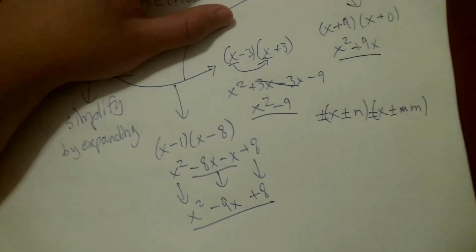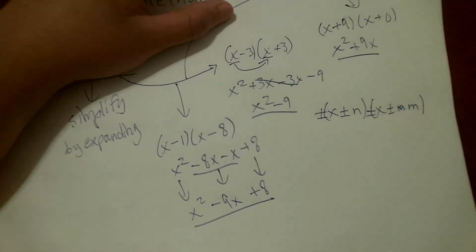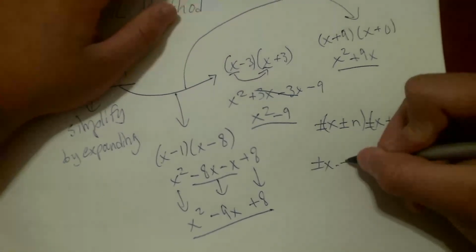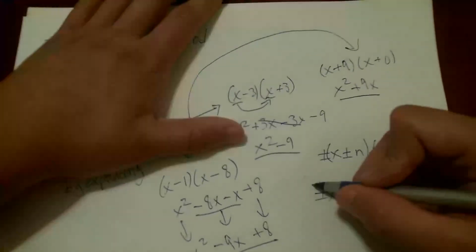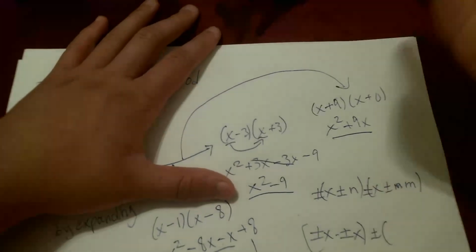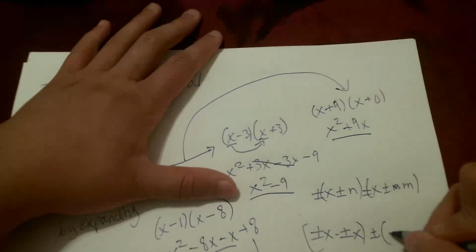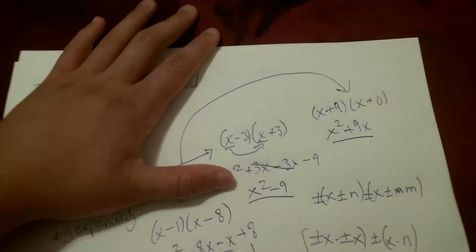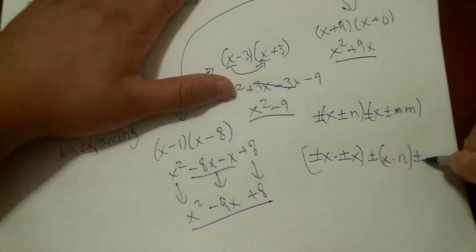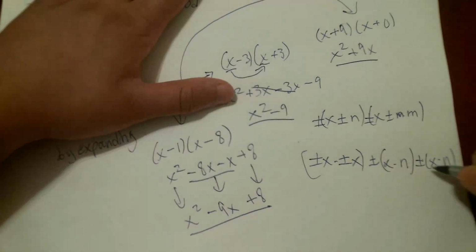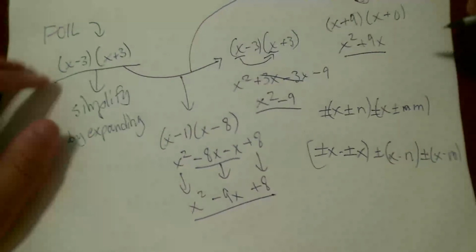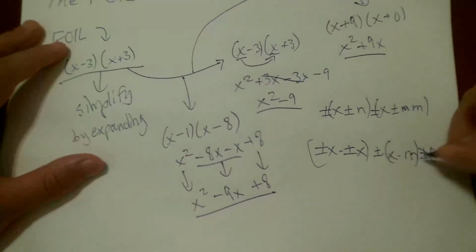So I'll just do plus or minus x times plus or minus x, and then plus or minus x times n, which depends on the signs, and then we have to do that again, plus or minus x times m.